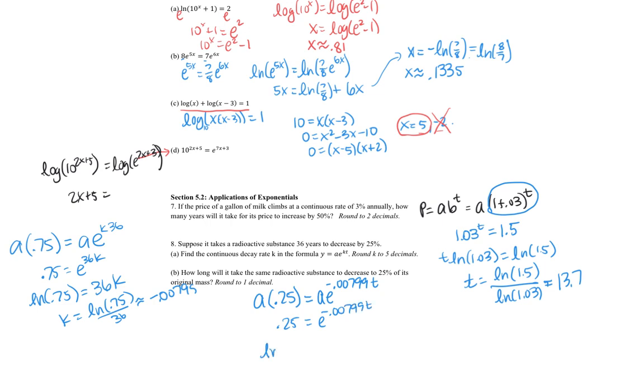Take the natural log of both sides and divide by negative 0.00799. So if I do a decimal approximation for that, natural log of 0.25 divided by negative 0.00799, that gives me 173.5 years.